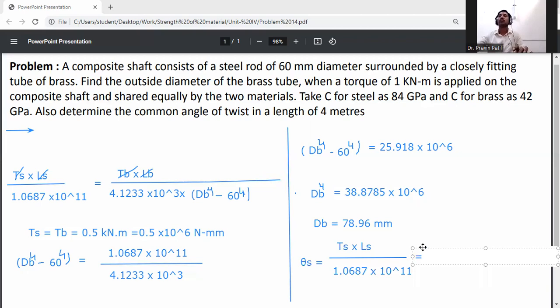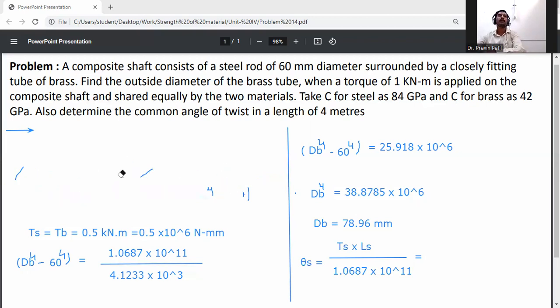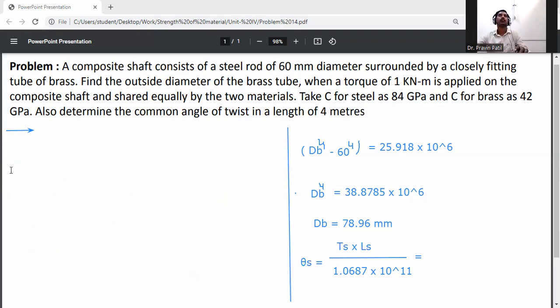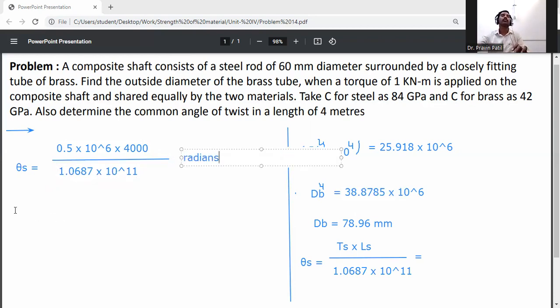So put all these values here. Ts is 0.5 into 10 to the power 6, into Ls, which is 4 meter, 4000 mm, converted from meter to mm, divided by 1.0687 into 10 to the power 11.